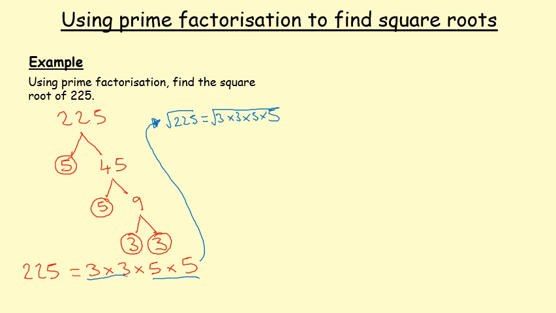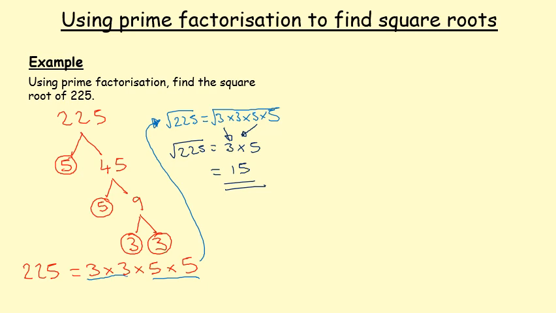So to find the square root of 225, what we're going to do is take one number from each of those pairs and multiply them together. And it's going to look like this. Okay, so we've got 3 times 3, so we're going to take one of those, and 5 times 5, we're going to take one of those, and therefore we can say the square root of 225 is 15.